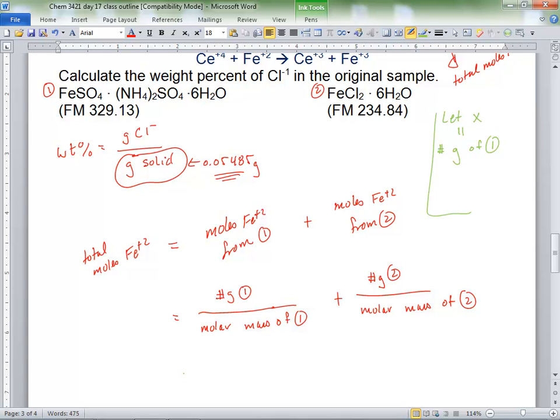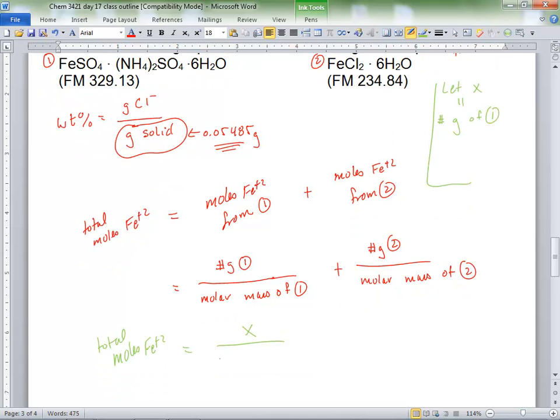So that means that my total moles of Fe plus 2 has to equal X all over the molar mass of compound 1. Let's just put a number in for that. It'll be a lot easier. We'll write it again, and then you'll see.